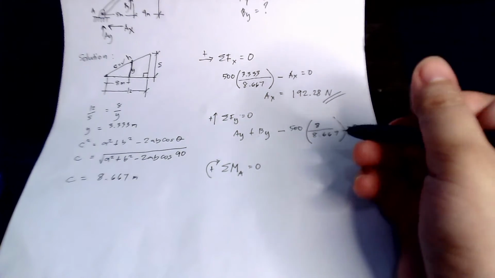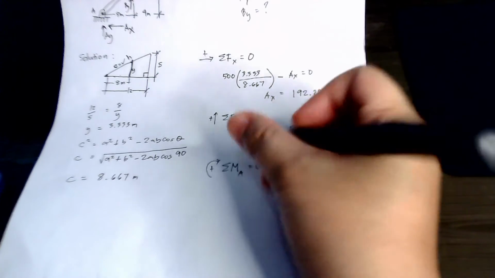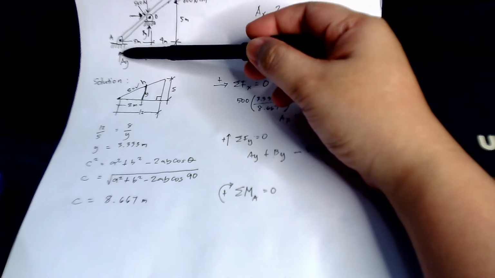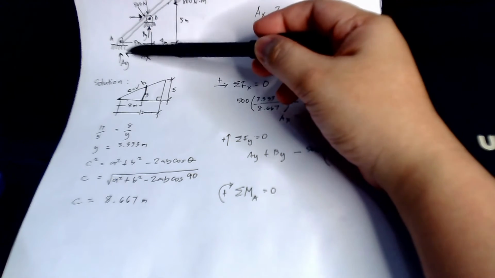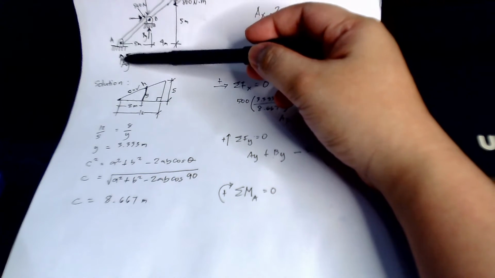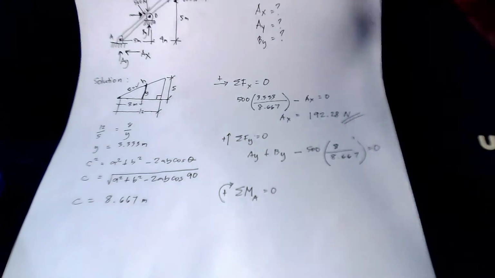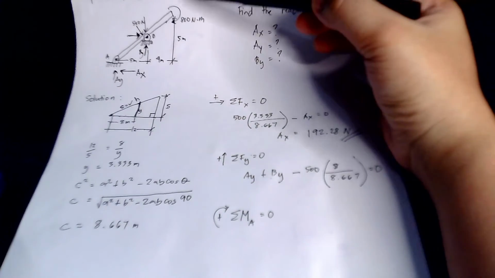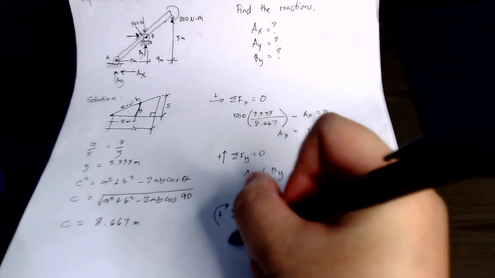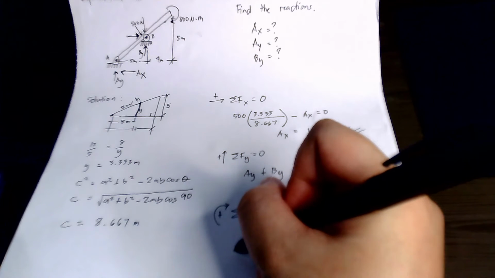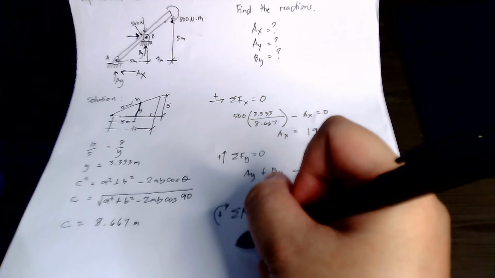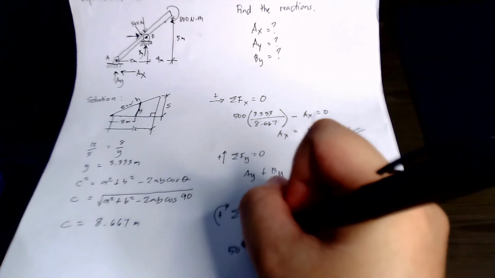Since we are taking moments at A, these components here create no moment because they pass through point A. But we have our applied moment here. So the summation of moments at point A equals, since clockwise is positive, 500.